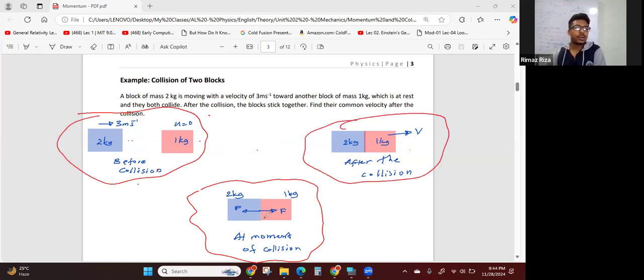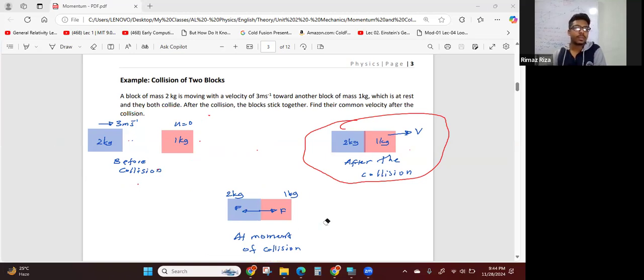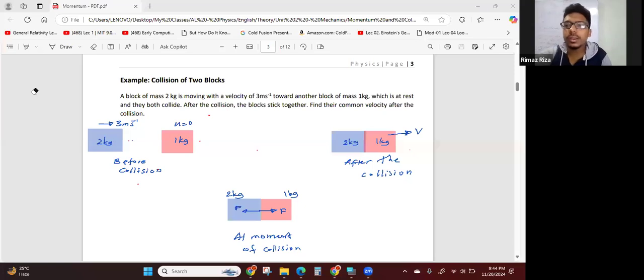If a question asks for it, then you have to draw it like this. Then you can draw this, and I will give you a small note, and after that we will find the velocity.